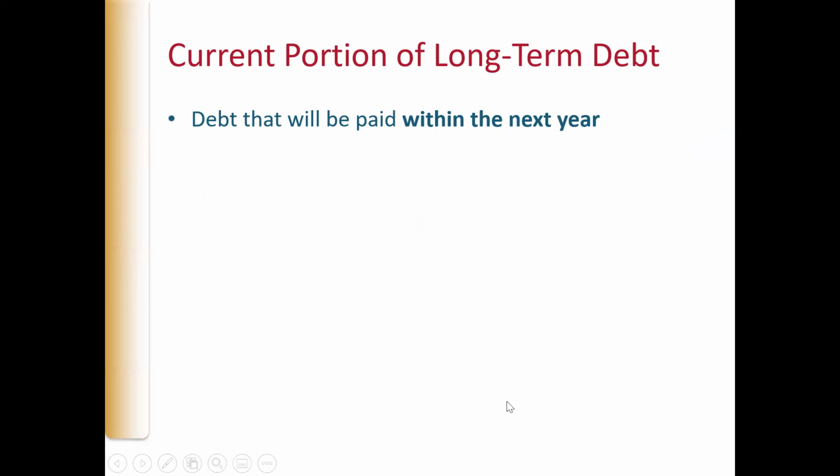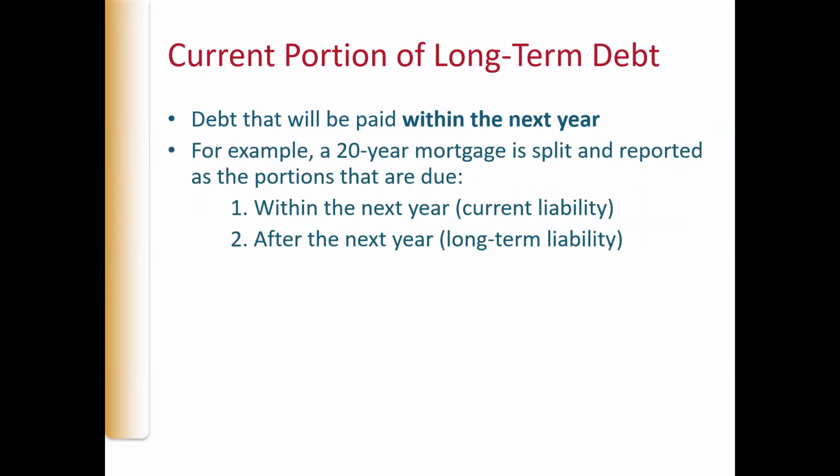Then that current portion of long-term debt is that debt that's going to be paid within the next year. So if we have a 20-year mortgage and we show the amount that is payable within the next year, that's the current liability portion. And then the amount after the next year is going to be the long-term liability portion.